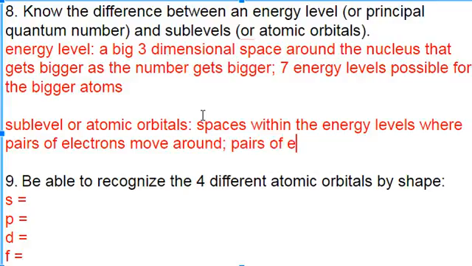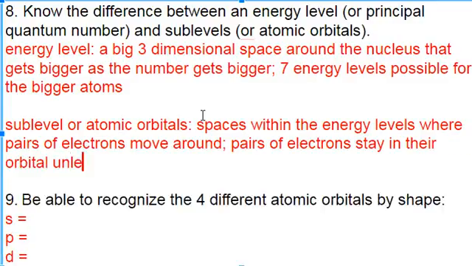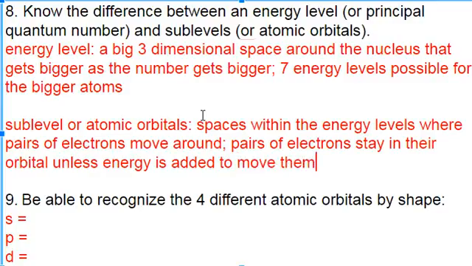So pairs of electrons stay in their orbital unless energy is added to move them. So you have to do something to move electrons out of their ground state, out of where they're usually hanging out.